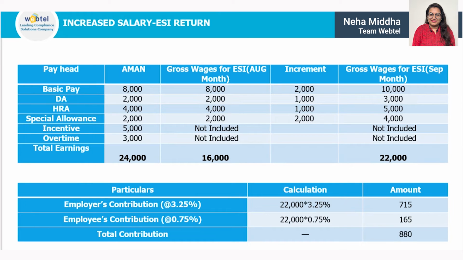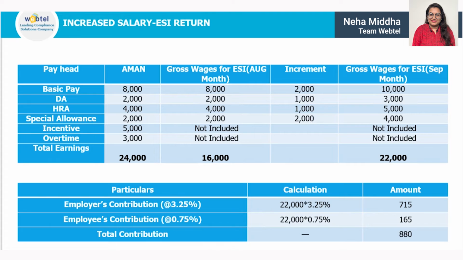We have Aman over here, whose salary is now increased to 22,000. Those 22,000 are the ESIC wages which have increased. As per the law, he is not eligible to get the ESIC deducted, but because he was eligible to get his ESIC deducted until August, he would have to get his ESIC deducted for the month of September also.